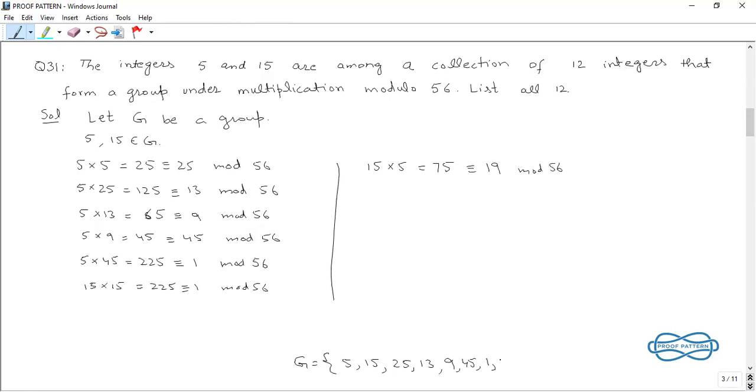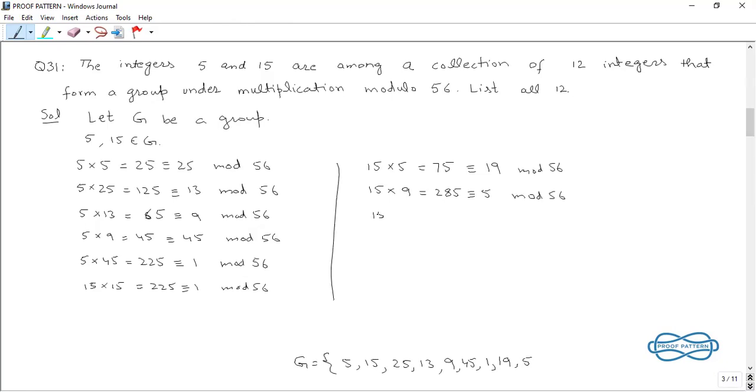So 19 is another element. And if we multiply 15 with 9, because we know that 9 is an element of the group, we get 285, which is congruent to 5 mod 56. We get another element, 5.